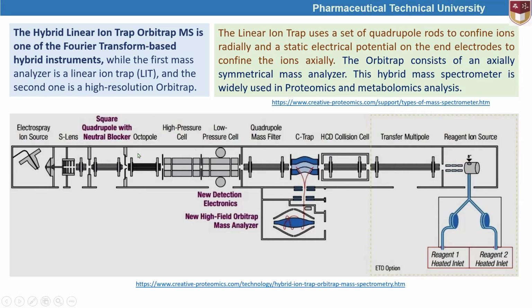Here we can see the quadrupole part, and this is the octupole as we watched in the last video. And here is a high pressure cell, a low pressure cell, and here we can see a quadrupole mass filter. And after this, here we can see the orbitrap.